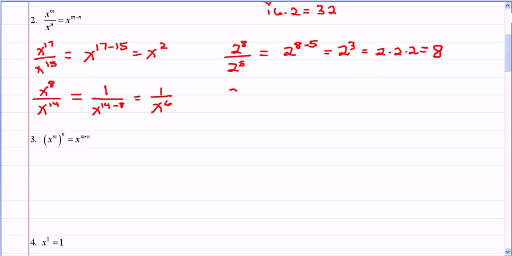If we had 3 to the 11th over 3 to the 13th, we still subtract the exponents because we're dividing, but we subtract the 11 from the 13, and since the 13 is a larger number and it's in the denominator, it would be 1 over 3 to the 13 minus 11, which is 1 over 3 squared, and that gives us 1/9.